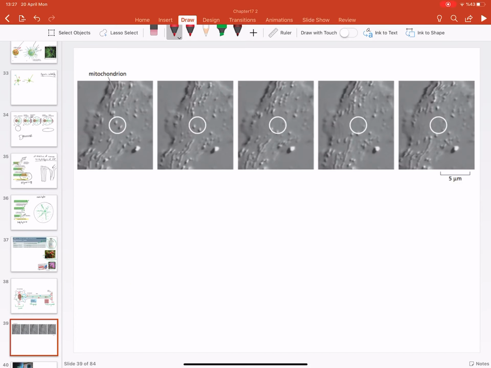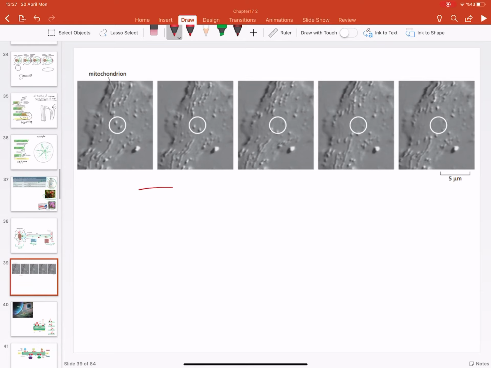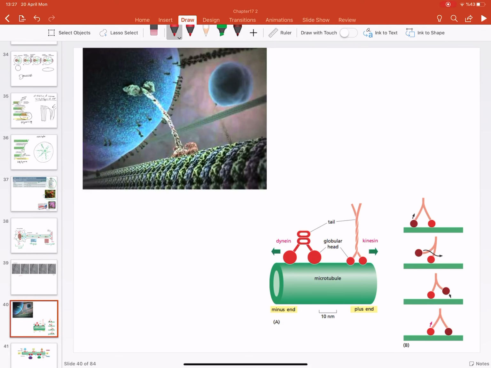Okay, there are some nice images of carrying the vesicles on the microtubules in this way, and maybe you all remember this figure. This is a motor protein. This motor protein is carrying a vesicle. Of course, the vesicle is much bigger than the motor protein itself.